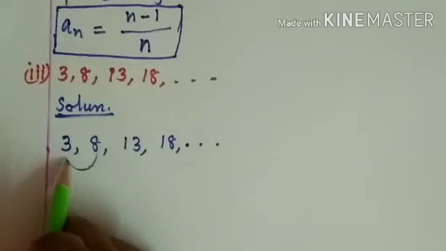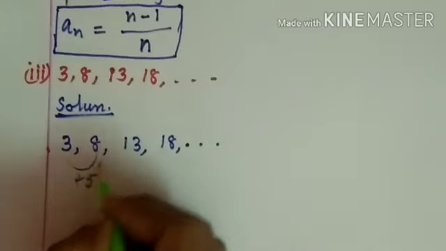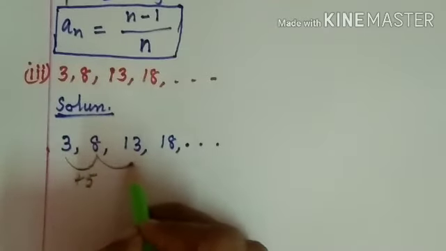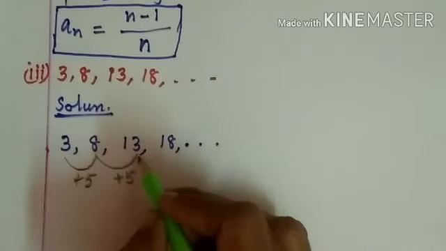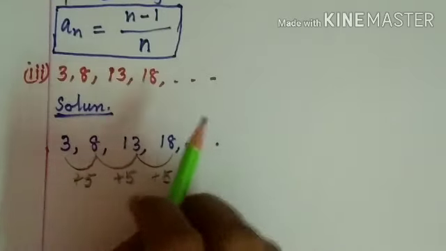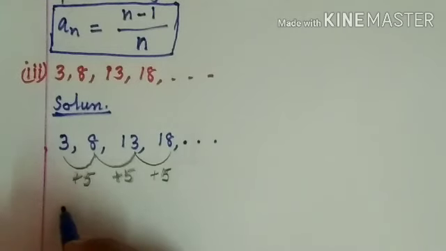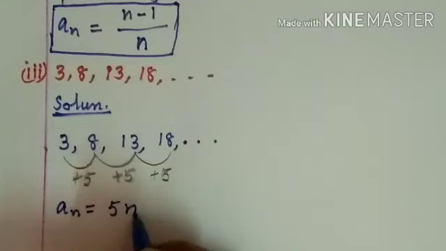So you have to observe the difference, that is 3 plus 5 gives the second term 8. Then 8 plus 5 gives the third term, that is 13. Then 13 plus 5 gives the fourth term, that is 18. Therefore, here the common differences are equal. So, the nth term is an is equal to 5n.